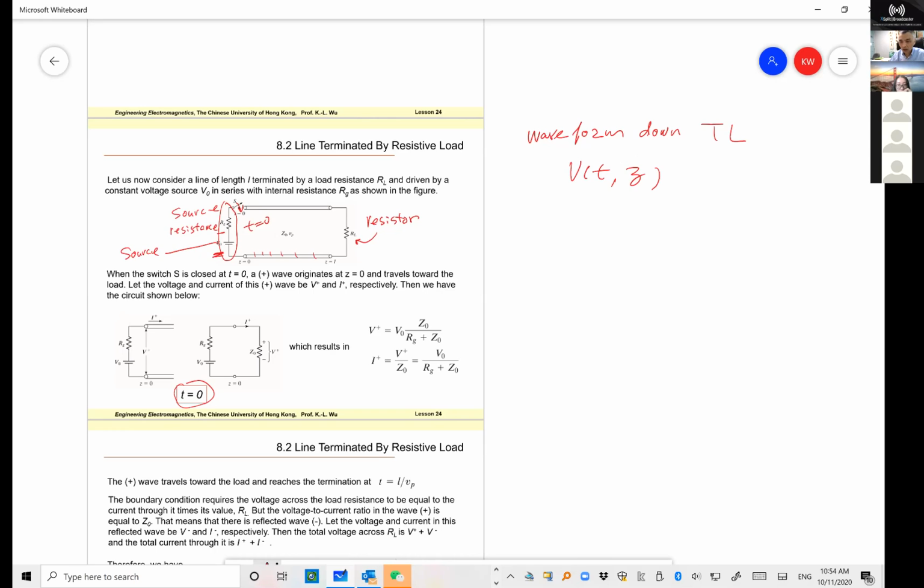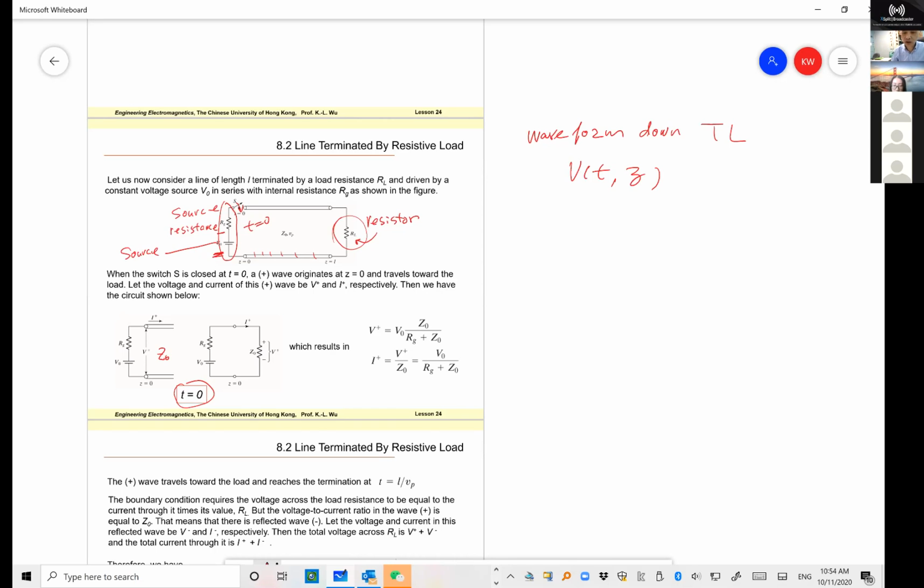So at the beginning, at time equal to 0, when the switch is on, you can imagine the voltage has no time to travel yet. The voltage hasn't reached this end to find that the termination is another resistance, not Z sub 0. At the beginning, the voltage doesn't know what happened down the transmission line.